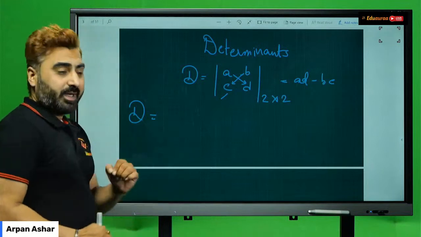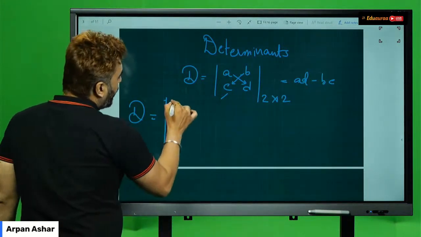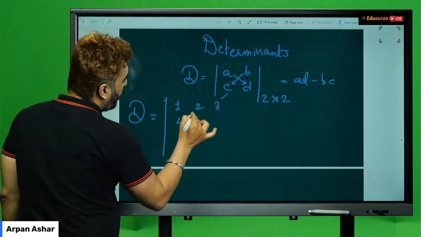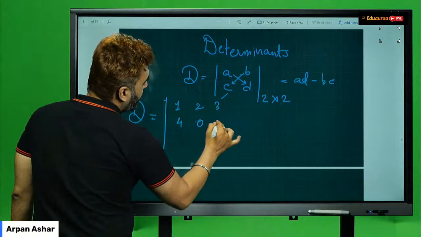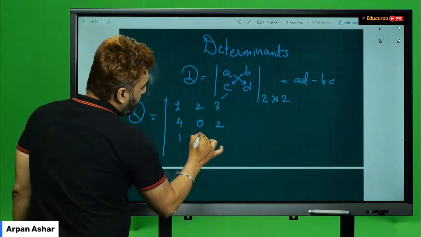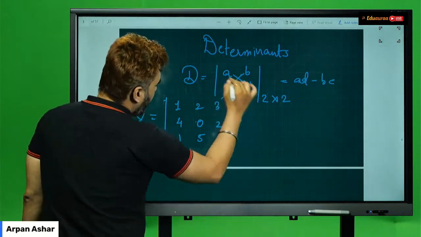So let's consider one example. So let's say we are given a determinant 1, 2, 3, 4, 0, 2, 1, 5 and 6.